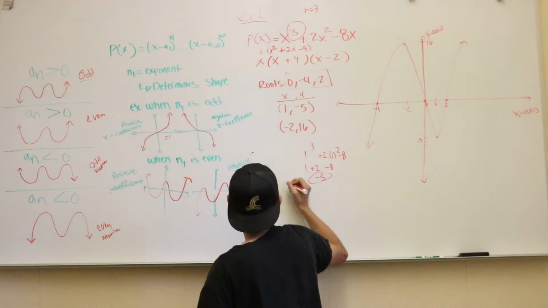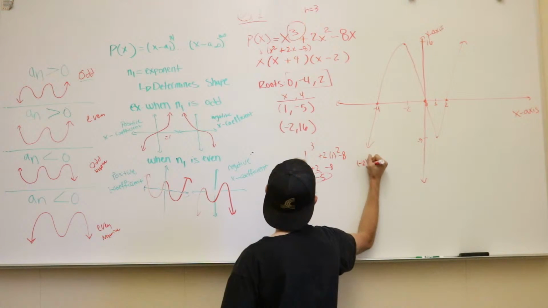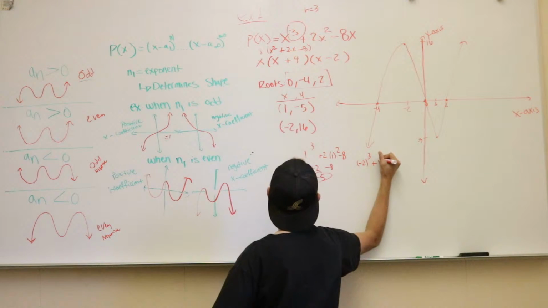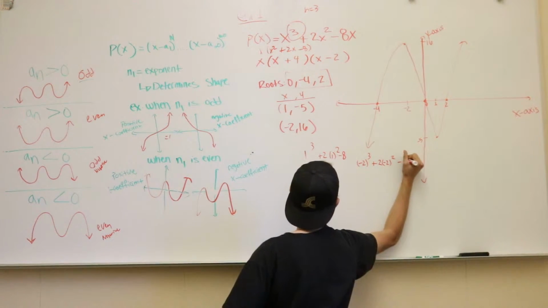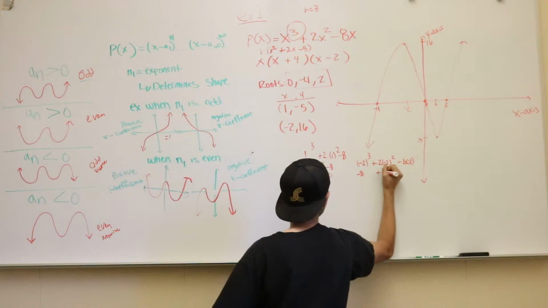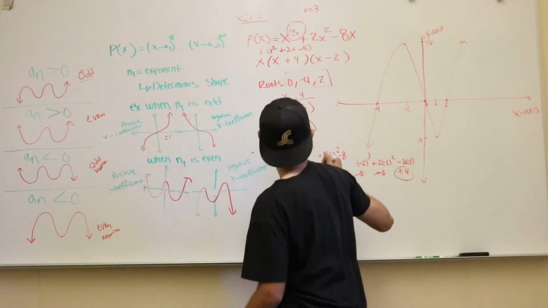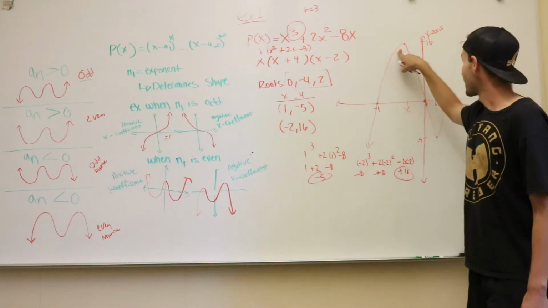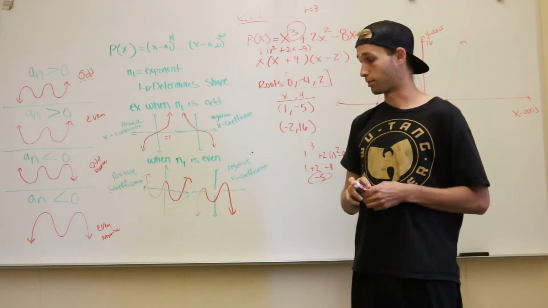Now if you do the same for x equals -2, you'll end up getting -2 cubed plus 2 times -2 squared minus 8 times -2. So you end up getting -8, a positive 8, and a positive 16. So these two cancel out, and you're left with 16. And that will give you your local maximum and your local minimum points. And that's pretty much how you solve and graph the entire polynomial equation.